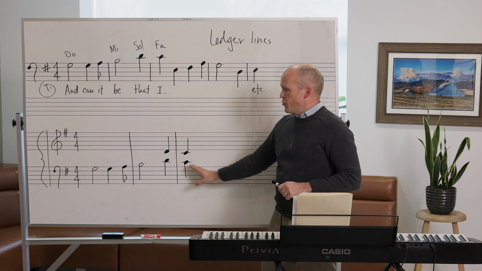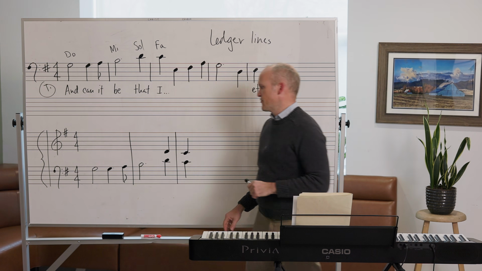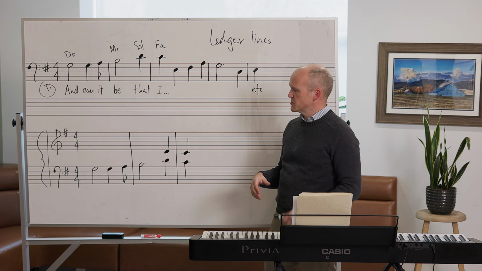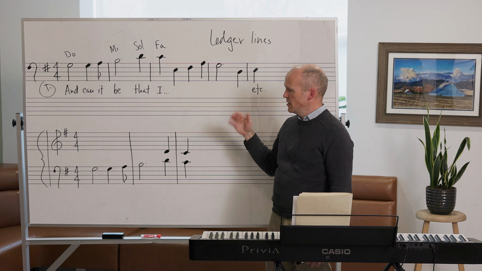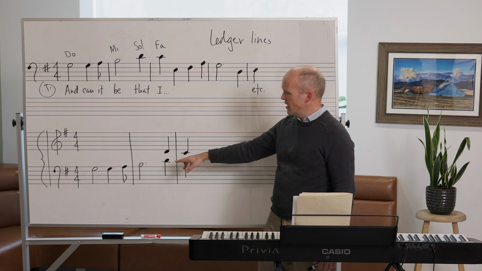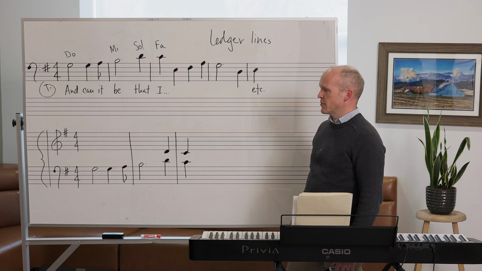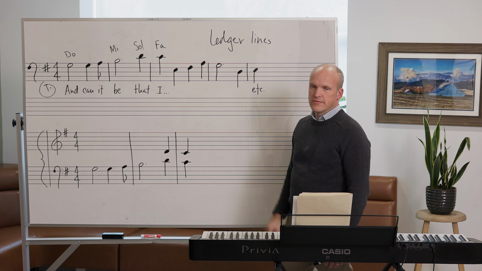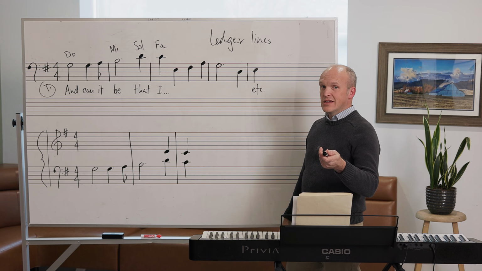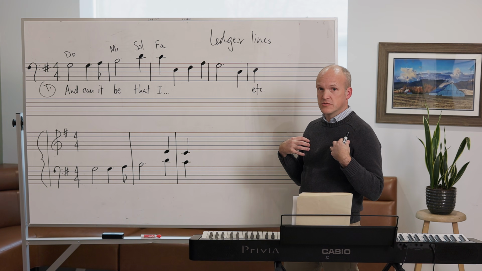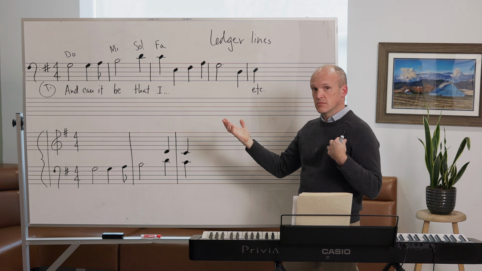And I just put a portion of it here in the bass clef again. We could take the same melody. I'm a tenor, so I'm singing this in tenor range. Do, do, re, mi, or and can it be that I, etc. All right, I'm singing this in tenor range in the bass clef. Is it possible then to take the same range of notes, tenor range of notes, and then write them in a different staff?